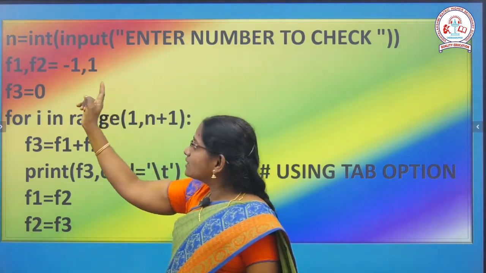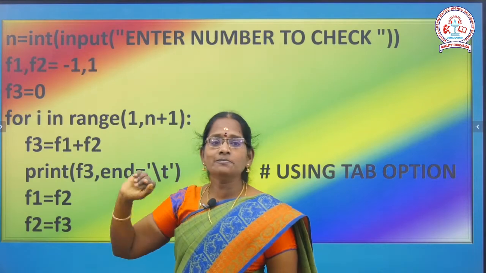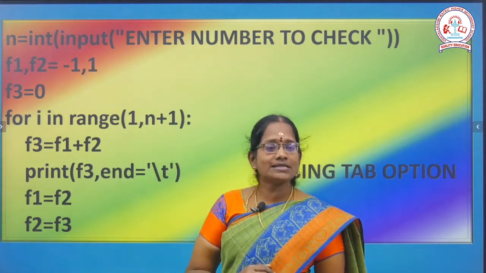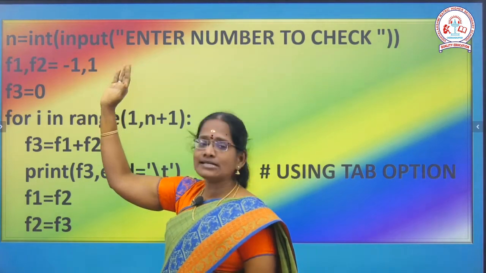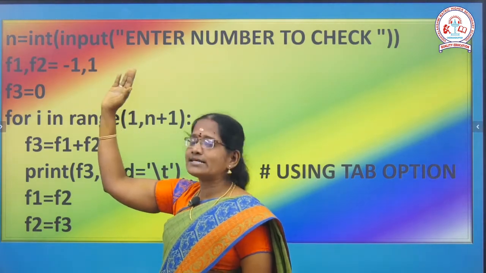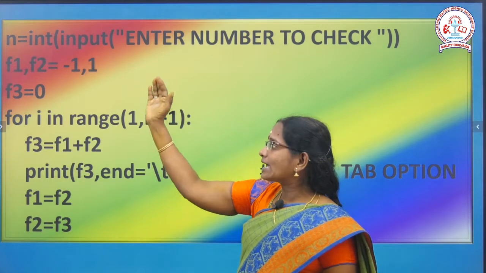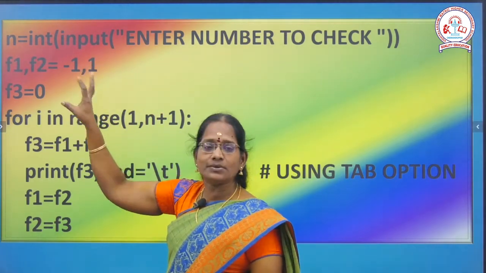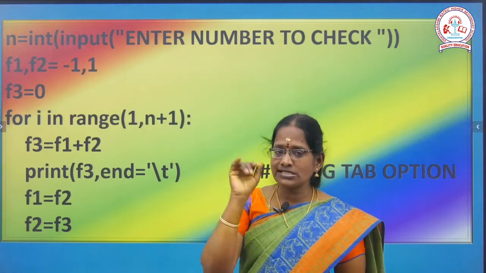Minus 1 is assigned to F1, 1 is assigned to F2. It is an assignment statement. Again F3 is equal to 0. These are all the variables we want to use in the program.